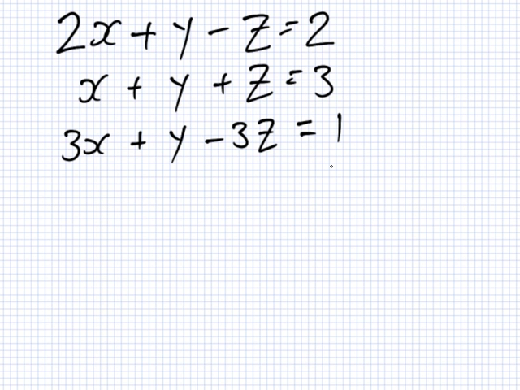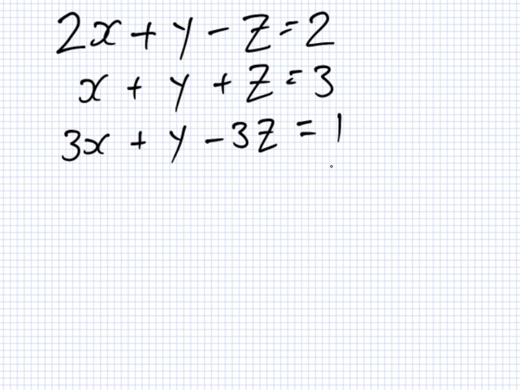Now, there's one other rule that you can use. So we have two rules so far. You can multiply any row by any non-zero number, and you can add or subtract any two rows and put the answer on either of the rows. There is a third rule which you don't usually need. It's pretty obvious though.